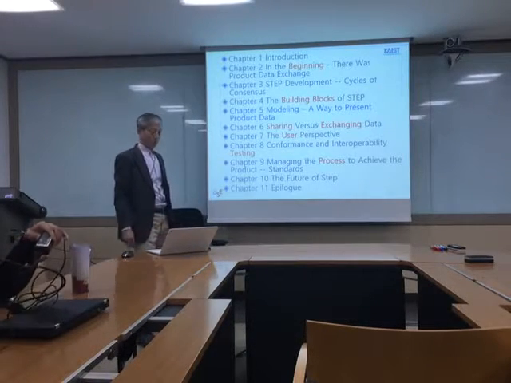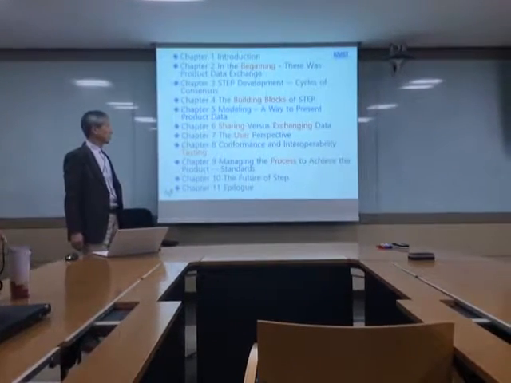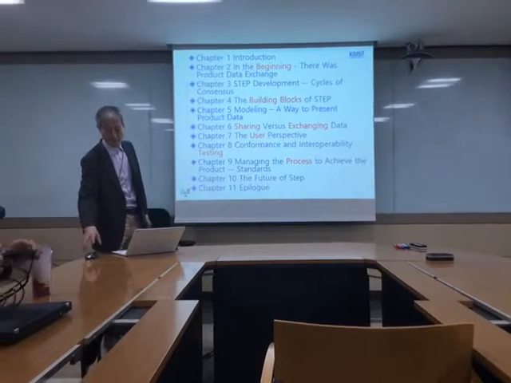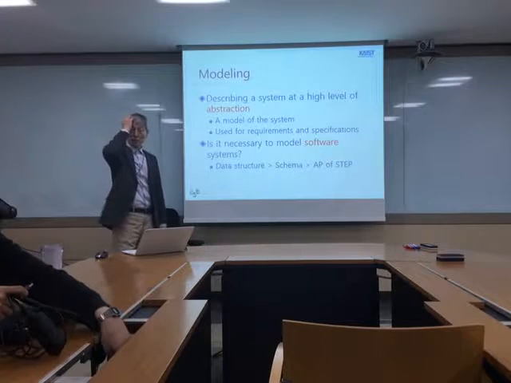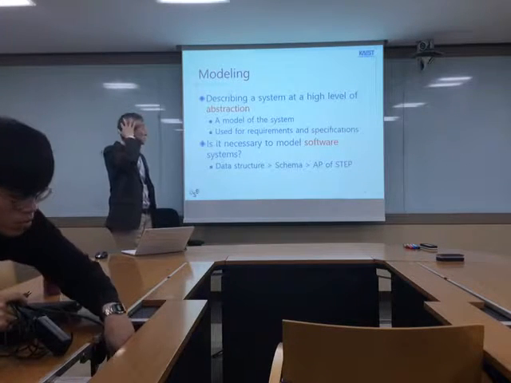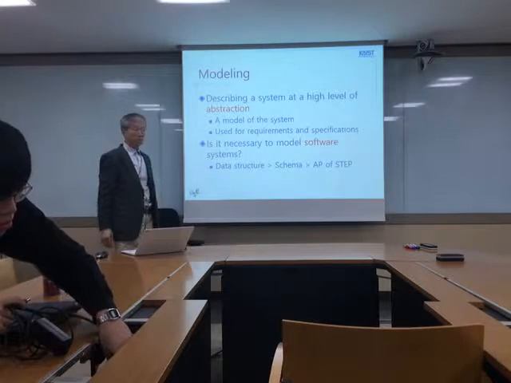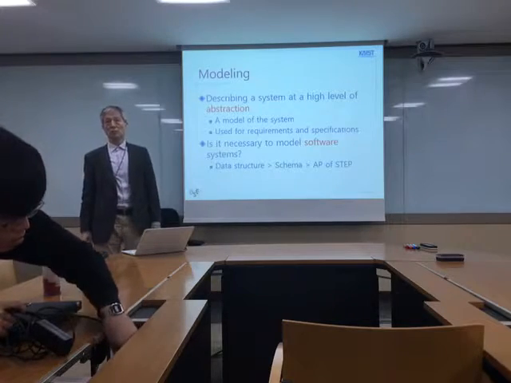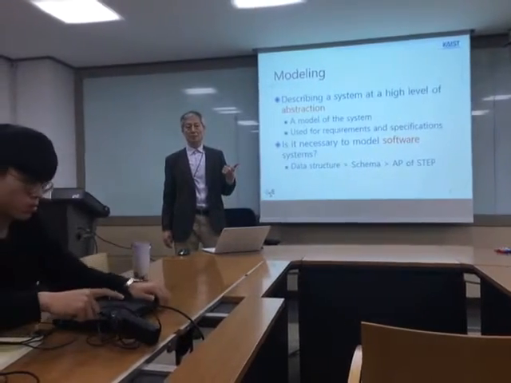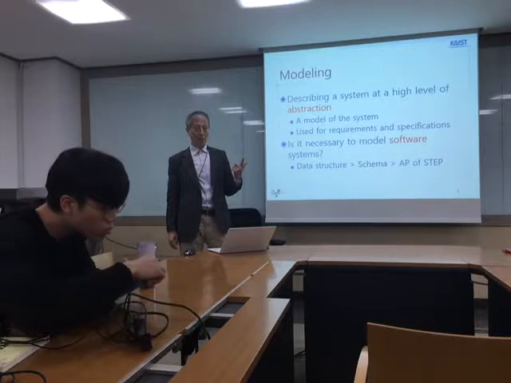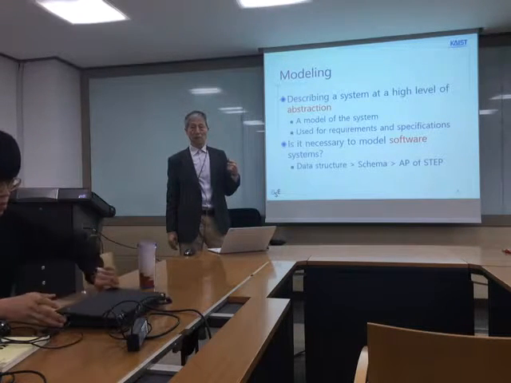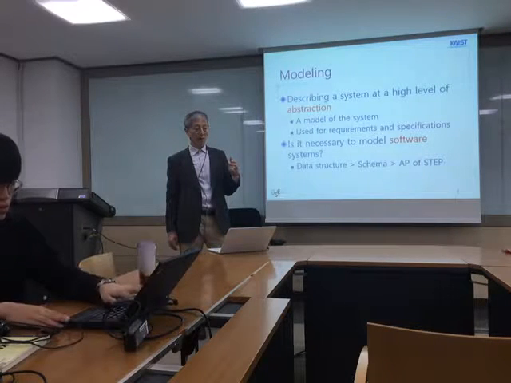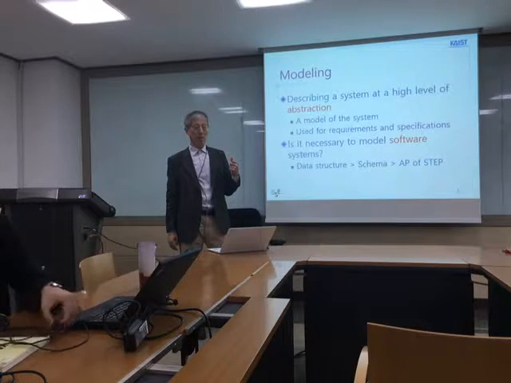We are working on chapter 5 on modeling, information modeling. And among them, we are talking about modeling. So what is modeling again? It is a description or representation of a system, especially a software system, at a high level of abstraction.